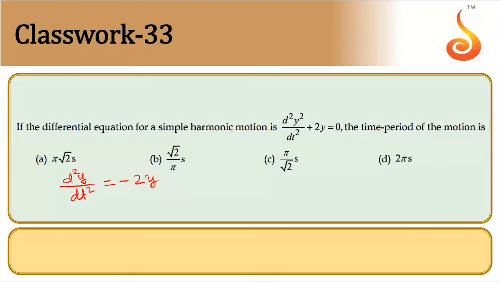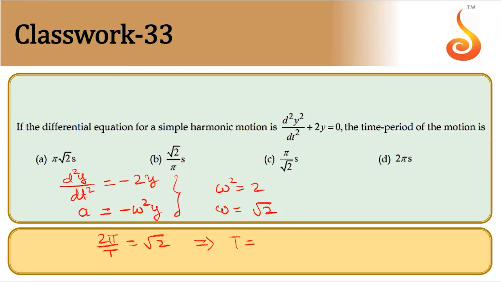So compare this with the standard equation of SHM, a is equal to minus omega square y. Comparing the two, omega square is 2. So omega will be root 2. Omega is 2 pi by T, that is equal to root 2, which implies T is equal to root 2 into pi. That is option A.